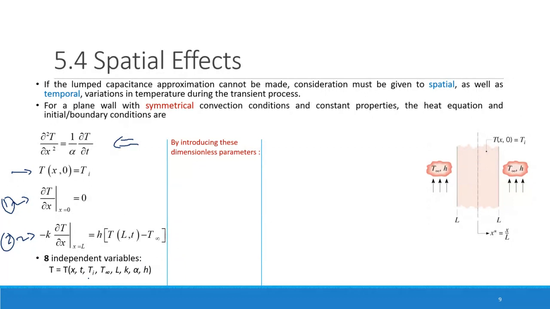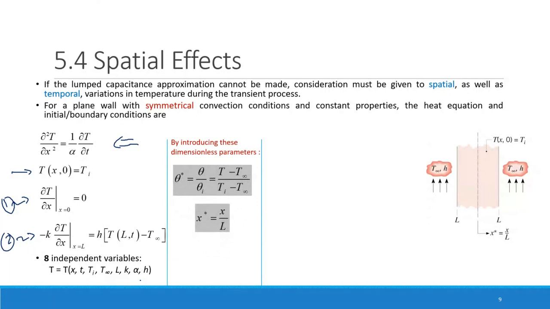If you remember the similarity analysis which we have done in fluid mechanics, you simplify a long equation with several variables to find the relationship between these variables. This is what we have done here. We introduce what we call a dimensionless temperature, theta, which is equal to theta divided by theta i, the initial temperature difference.